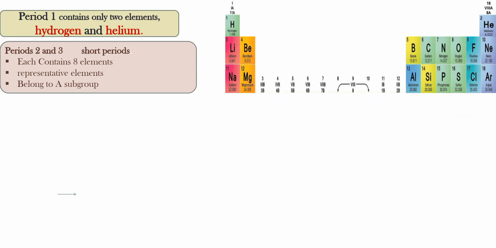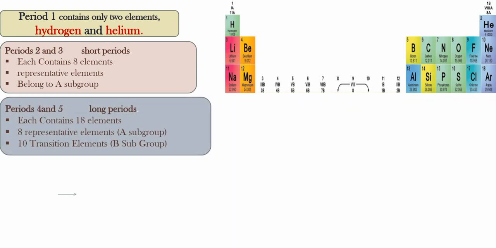Like in the second period, the elements are lithium, beryllium, boron, carbon, nitrogen, oxygen, fluorine and neon. And in the third period, the elements are sodium, magnesium, aluminium, silicon, phosphorus, sulfur, chlorine and argon.